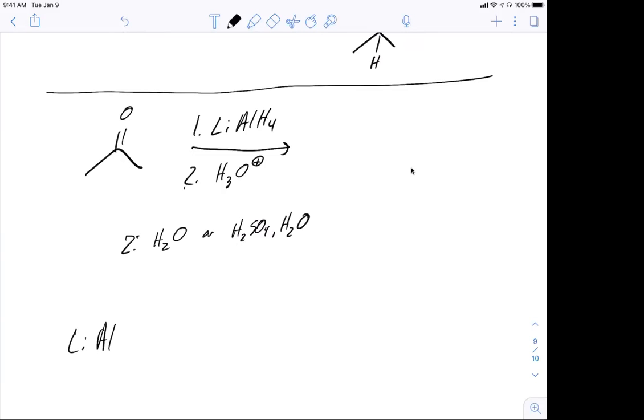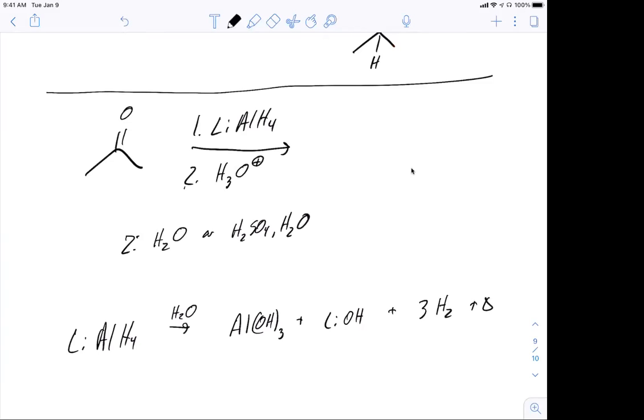If lithium aluminum hydride comes in contact with water, it ends up with an aluminum hydroxide compound, plus heat.